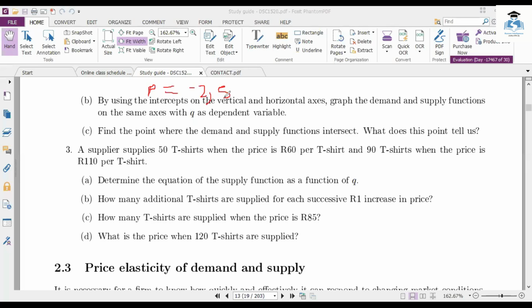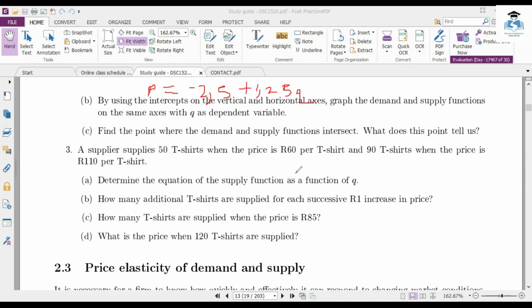Now you can convert it, because remember it asks how many additional t-shirts are supplied for each R1 increase in price. So for you to determine that, you want the inverse of this one.